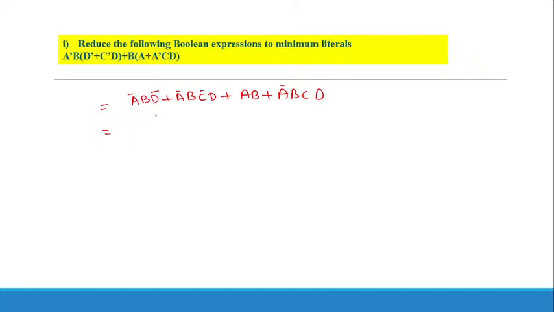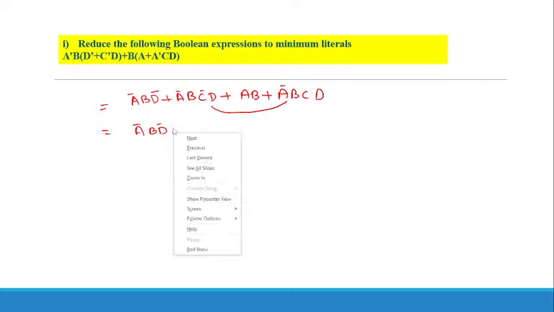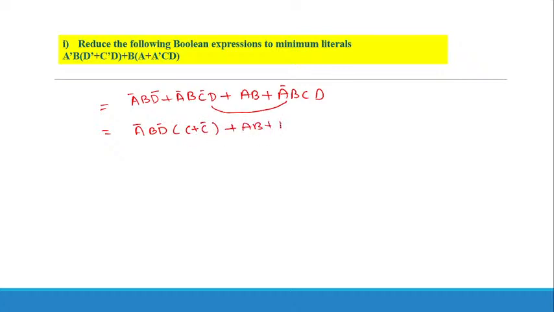Next, I'm going to simplify, rearrange. I'm going to take out the common terms out of those two. So A, B bar, B bar. I'm going to take out those terms common. Then simply I'm going to write the remaining. So C plus C bar is 1.